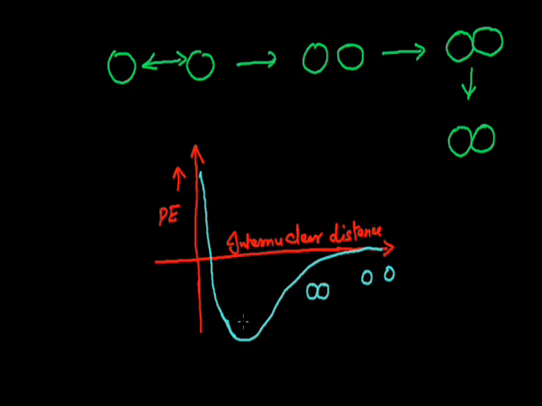At some stage when the molecule is being formed and no more overlapping could be done, that particular distance is termed as bond length.